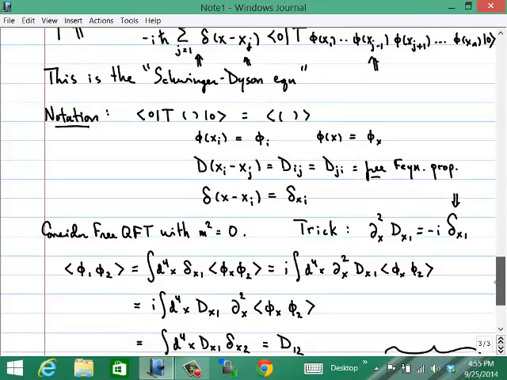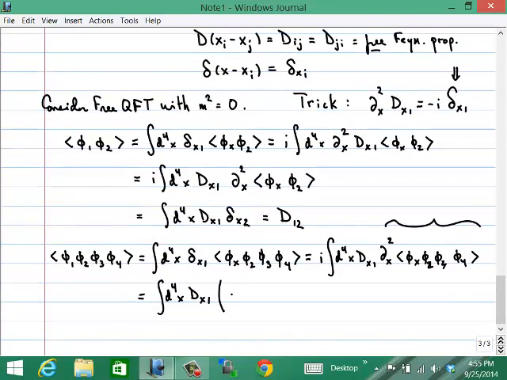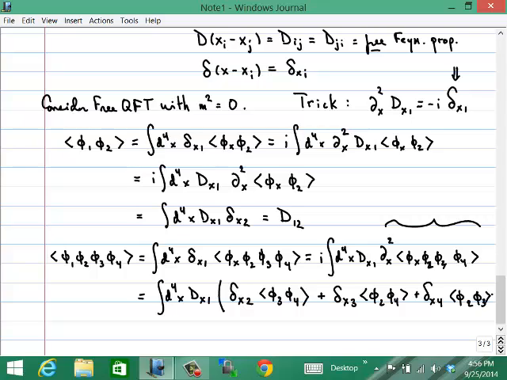So we just go ahead and plug that in, and you get a delta function which sets x equal to x2, times this 2-point function between phi 3 and phi 4, plus the same term where x is equal to x3, times phi 2, phi 4, plus a term where x is equal to x4, times phi 2, phi 3.